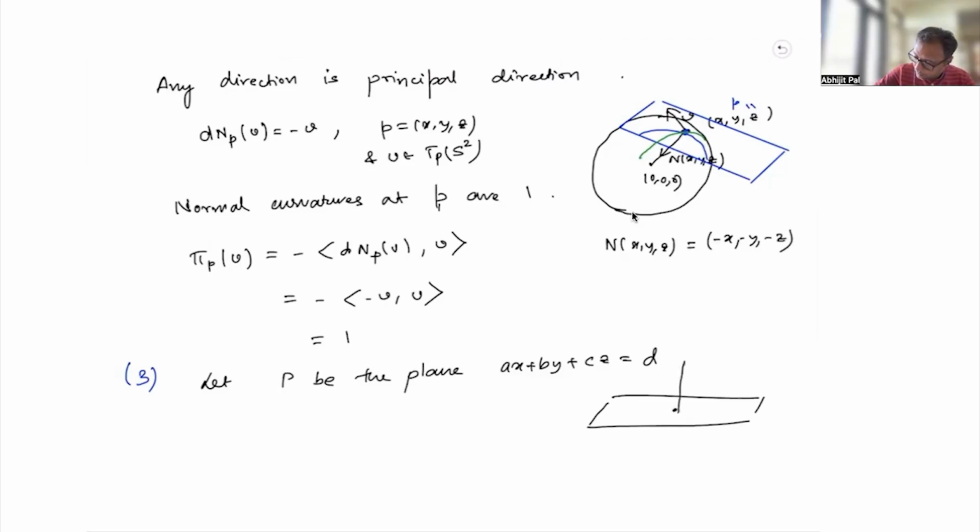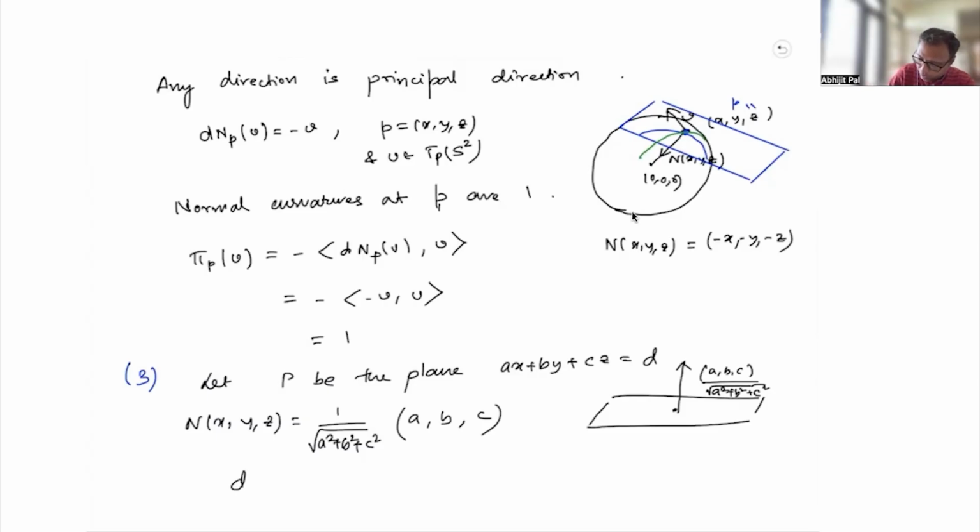The normal to this plane is given by n(x, y, z) equal to 1 over the square root of a squared plus b squared plus c squared, multiplied by the vector (a, b, c). So this is my normal to the plane, and this is a constant map.